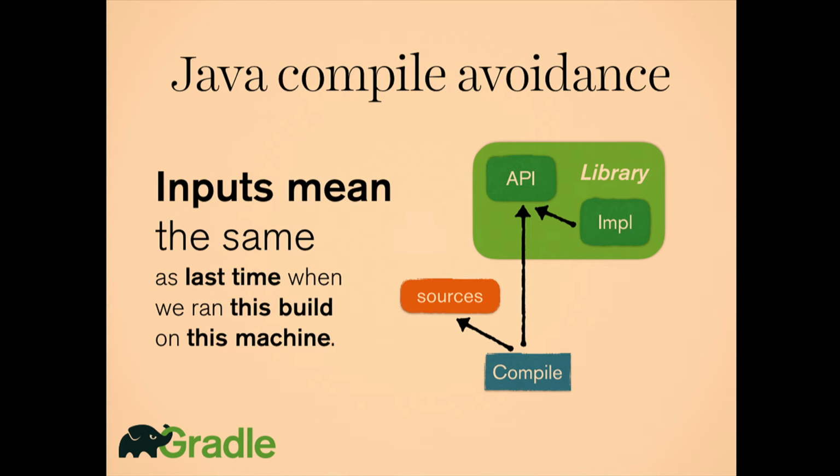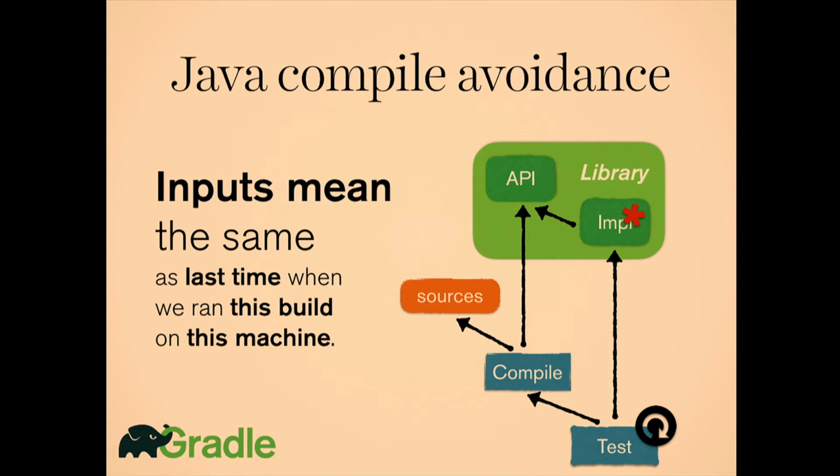And if there's a change which only affects the implementation, we don't need to recompile your code when that happens. We need to re-execute any tests, of course, because tests do depend on implementations, but not the compilation part. And again, this feature works when the inputs are not the same, but they mean the same to the task as they did before.